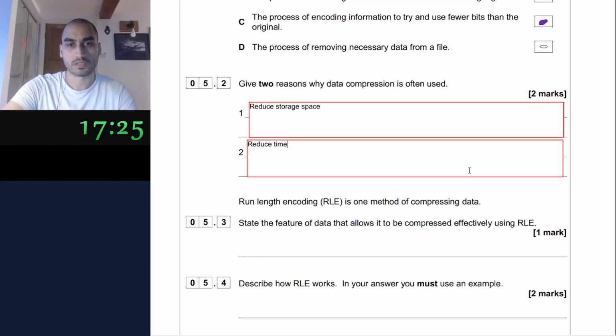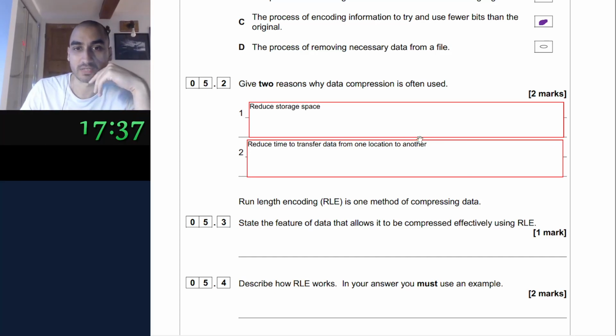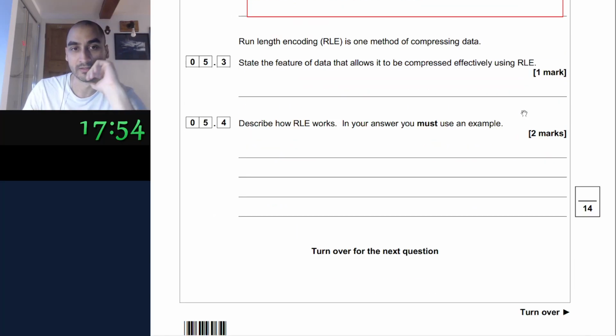Reduce time to transfer data from one location to another. That's the two reasons, right? Time and space. You could talk about cryptographic signatures as well. No, but that's not what they're talking about.